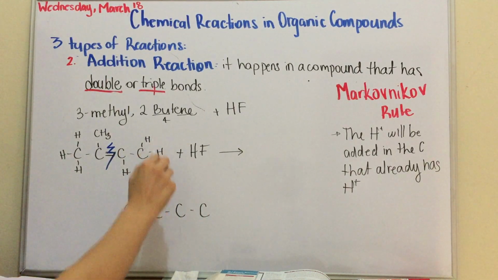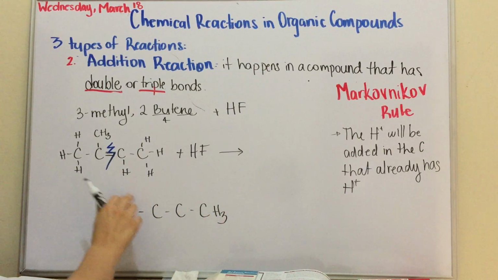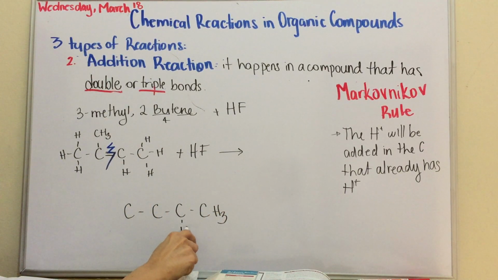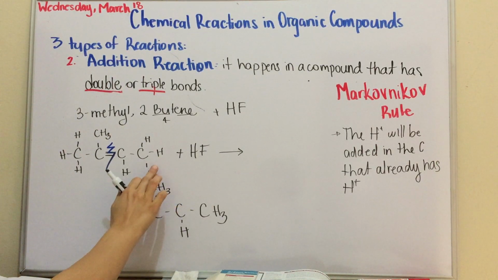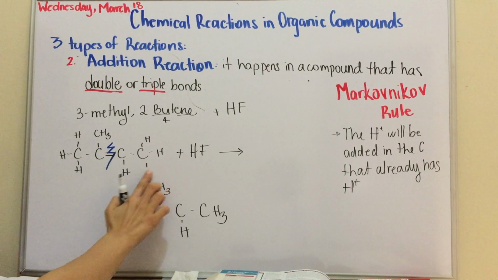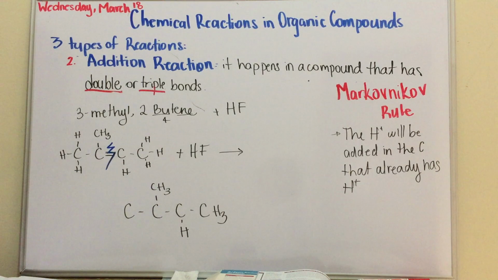Alright, this one remains the same with 3 hydrogens. This one had 1 here. This one has a CH3 on the top. Alright, I'm going to erase and put it closer here so you don't get confused. And this one had the 3 hydrogens.